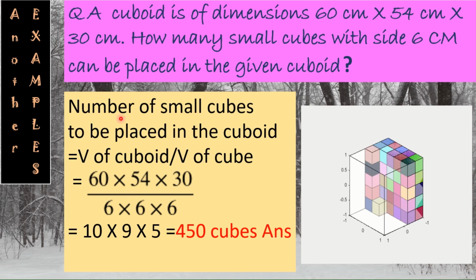Normally it is given. And because it is a cube, all sides are the same: 6 into 6 into 6. So 60 divided by 6 and the answer is 10. 54 is divided by 6 and the answer is 9. 30 is divided by 6 and the answer is 5. Just multiply these three numbers and you will get 450 cubes. Wonderful.